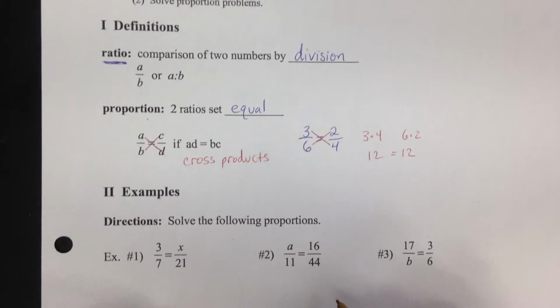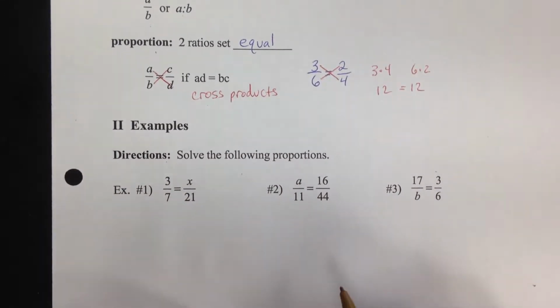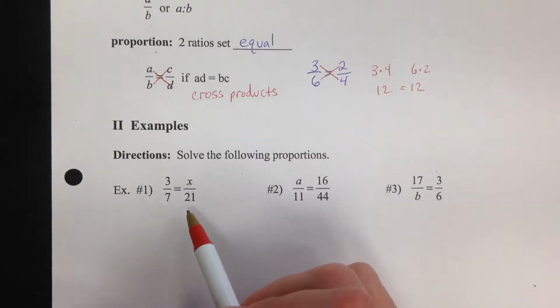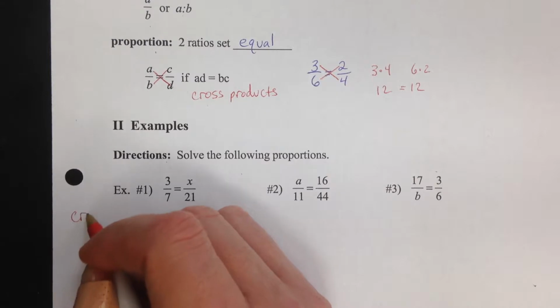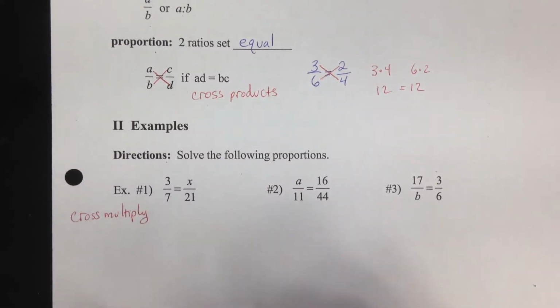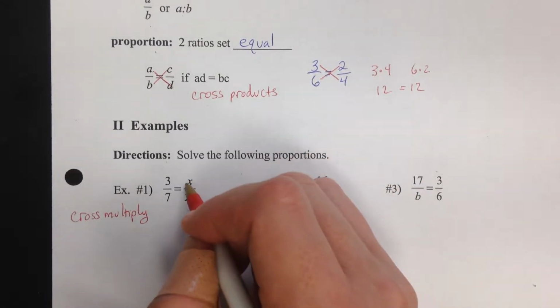So let's solve a couple of these proportions. We'll do some examples here. We're not going to do all of these, but let's take number 1. To solve a proportion, we are going to cross multiply. I usually start with where the variable is. So x is going to multiply the 7.